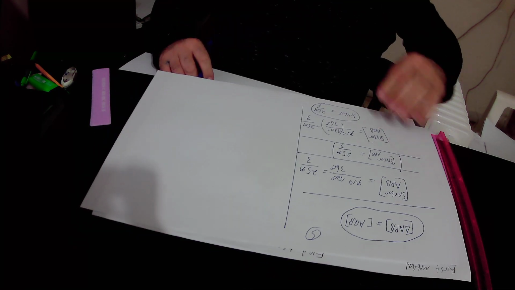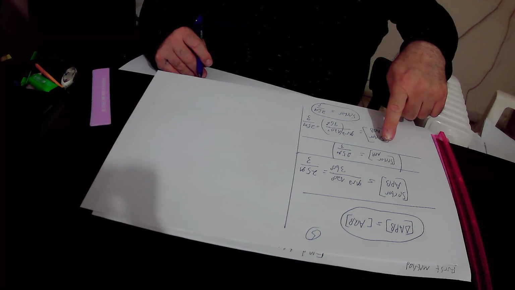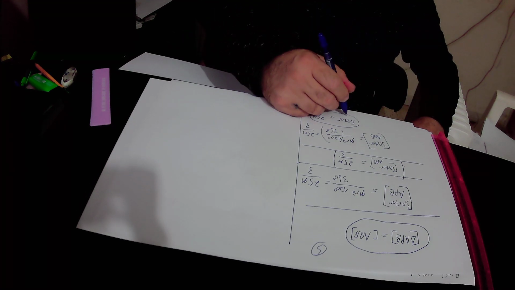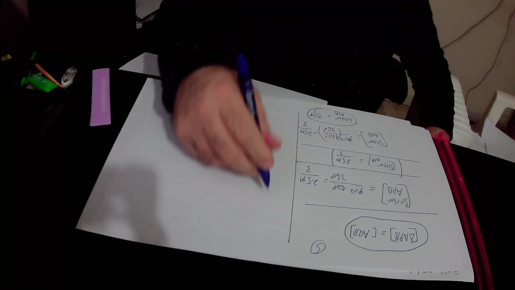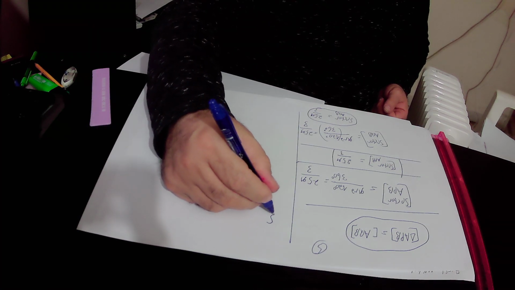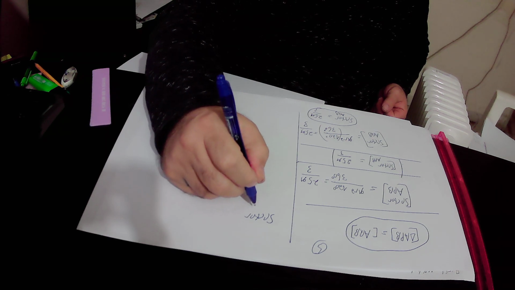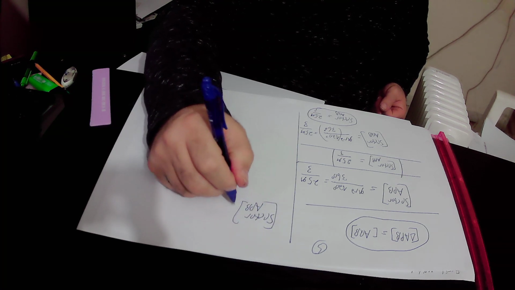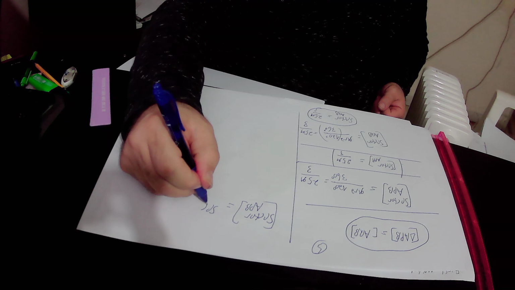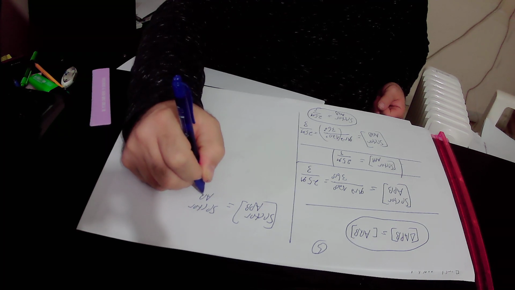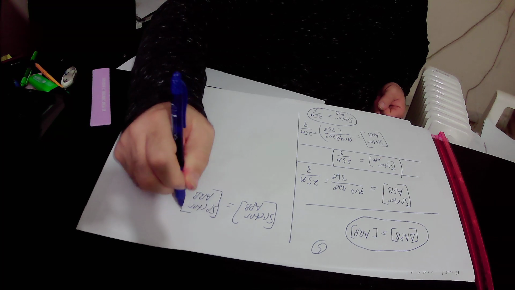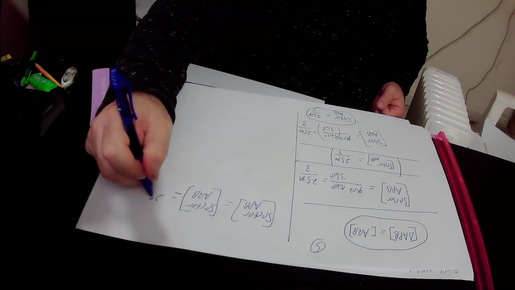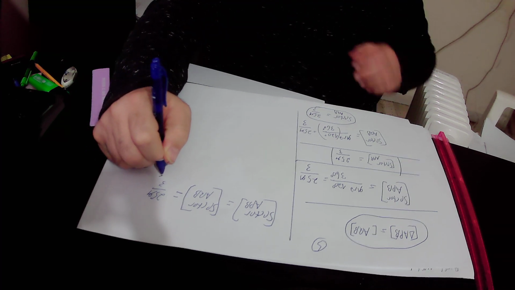So we can write down that the area of sector APB is equal to the area of sector AQB, and the area of both sectors is equal to 25 pi over 3 square units.